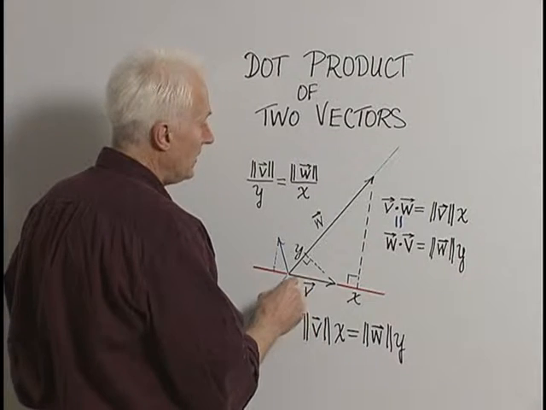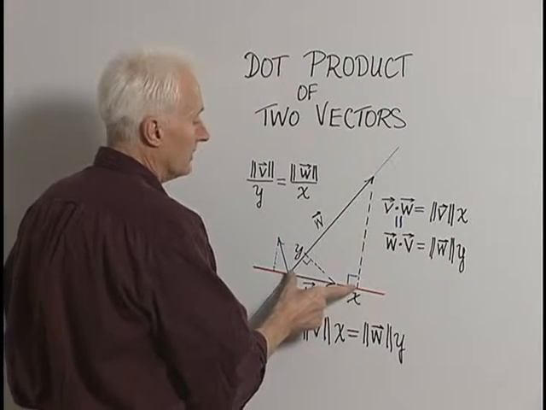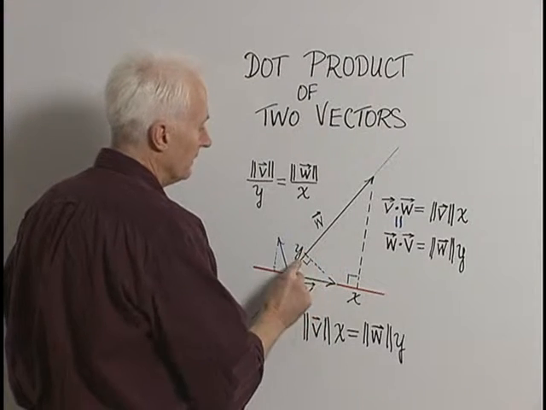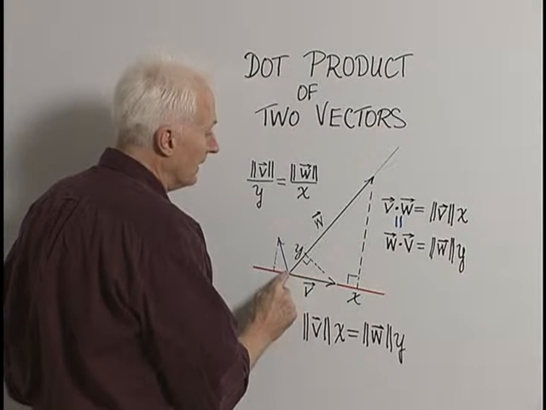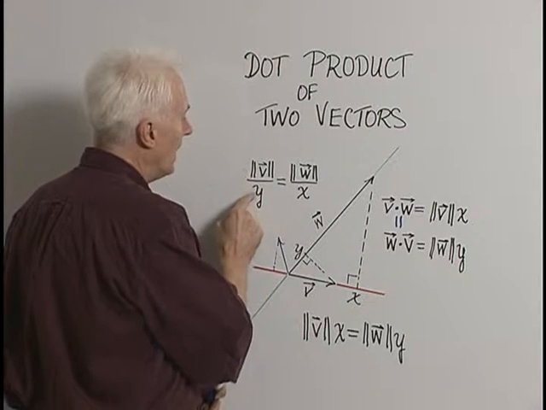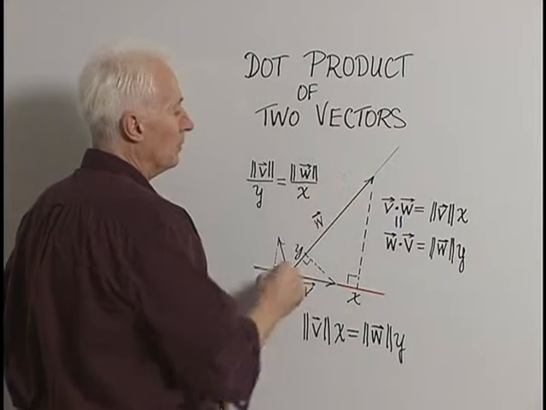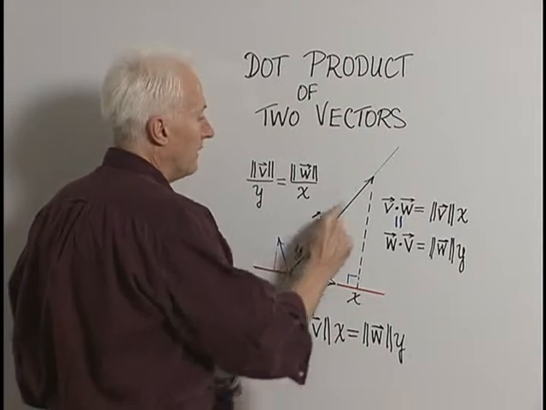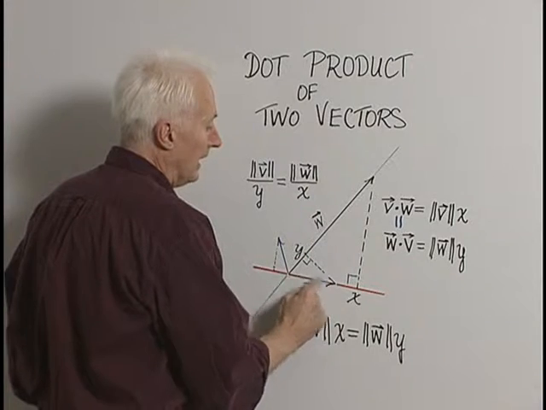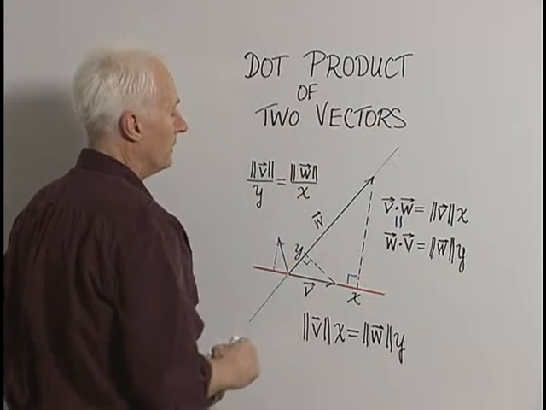So let's look at the ratio of the hypotenuse divided by the short side for each one. If I look at the little triangle, the hypotenuse has length v and the short side has length y, so we have length v over y. How about the big one? The hypotenuse is length w and the short side is x, so the ratio is length w over x.